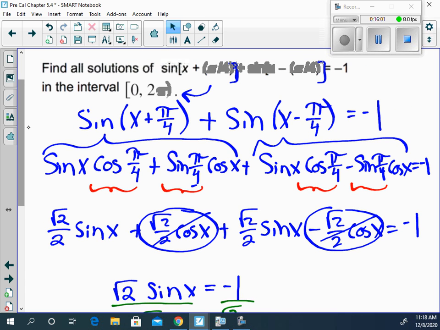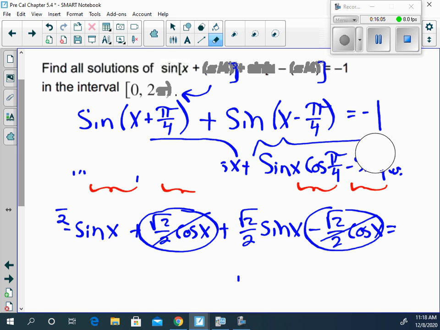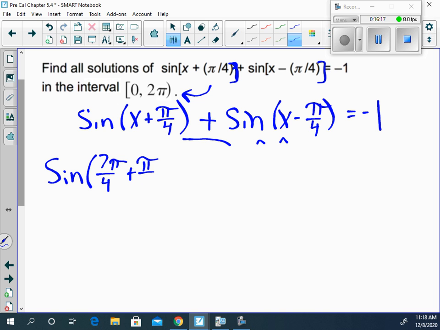Now, if we wanted to, we could go back and check it. Sine of 7 pi over 4 plus pi over 4, plus sine of 7 pi over 4 minus pi over 4, should equal -1.